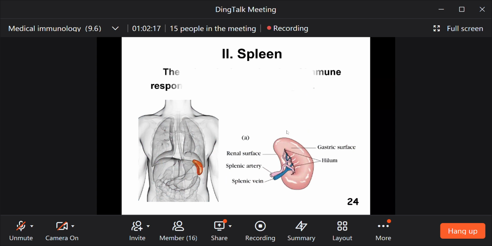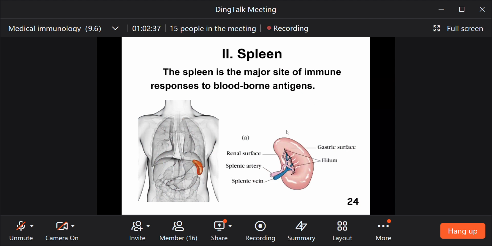Another key organ for immune response is the spleen. The spleen is the major site of immune response to blood-borne antigens.